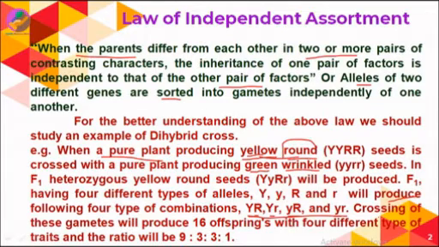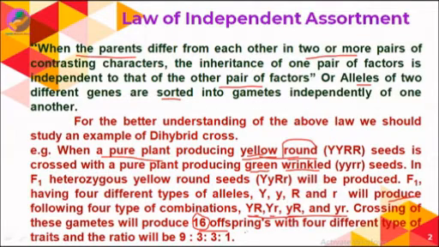Crossing of these gametes will produce 16 offspring. Here, due to independent assortment, they are going to form 16 offspring. If they did not assort independently, they would produce only 4 or 6 to 8 offspring, but here they are assorting independently.